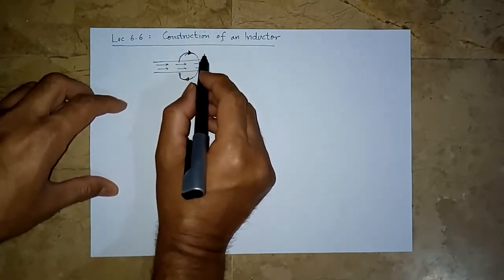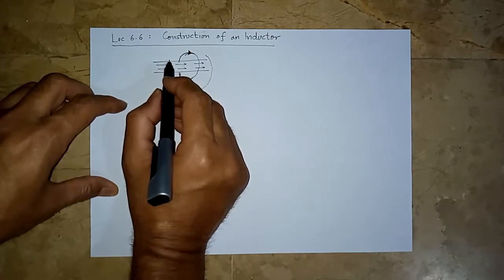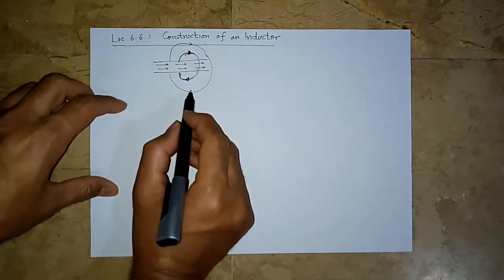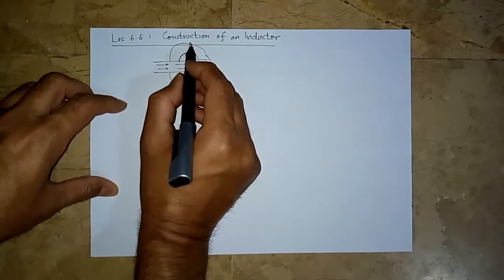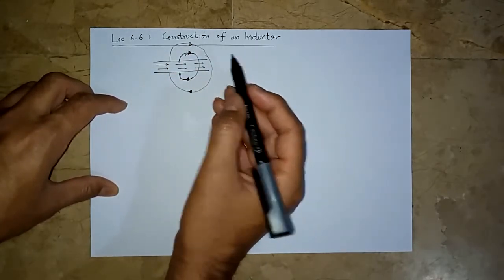Lines of force are a way that magnetic fields are represented. The closer we are to the wire, the larger the field strength, and the further away we are, the weaker the field.